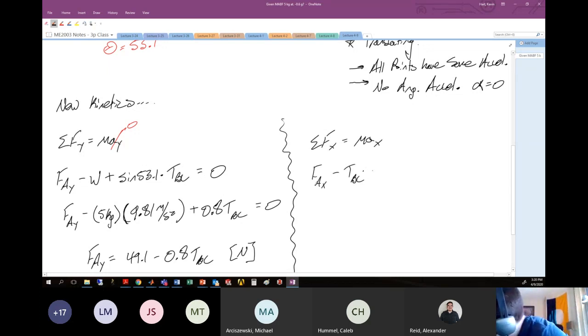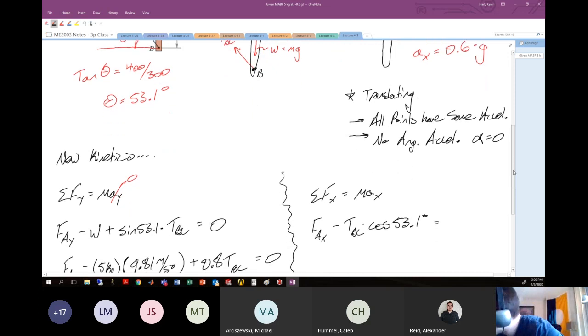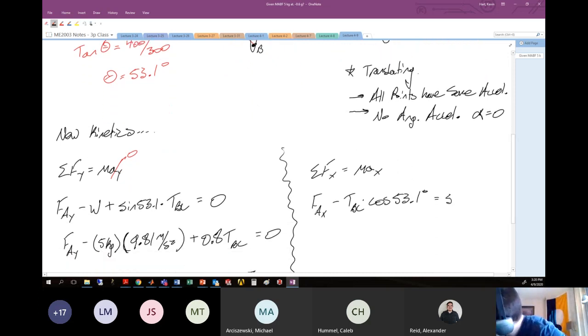BC multiplied by resolving into the x direction through cosine 53.1 degrees equal to, now we have this MAX term, sort of acting to the left. So we have to put a negative sign in front of it, and it has a magnitude of 0.6 g. So here the mass, sorry, we need a negative sign.